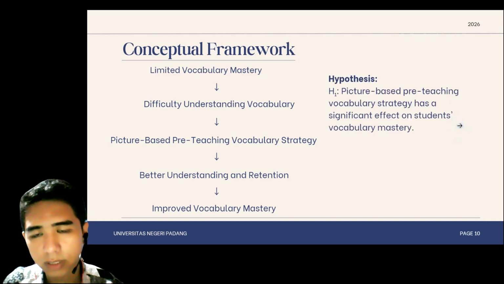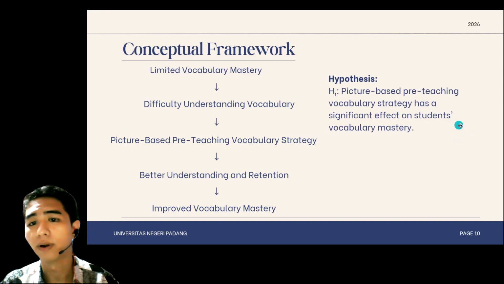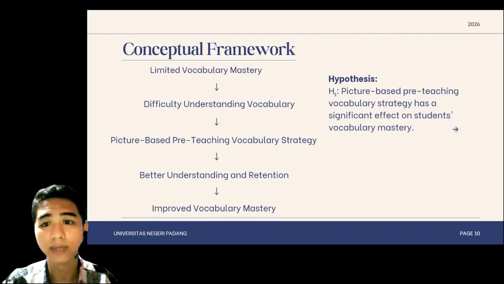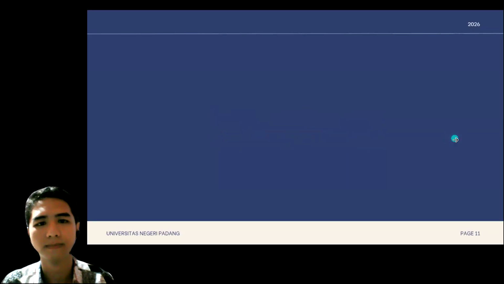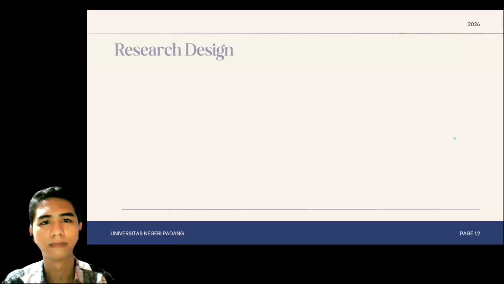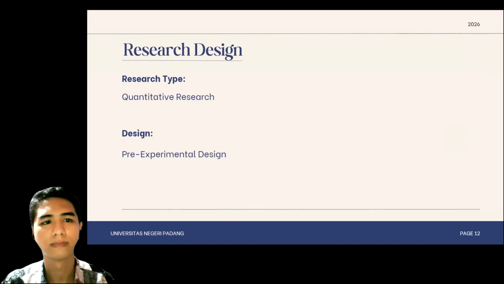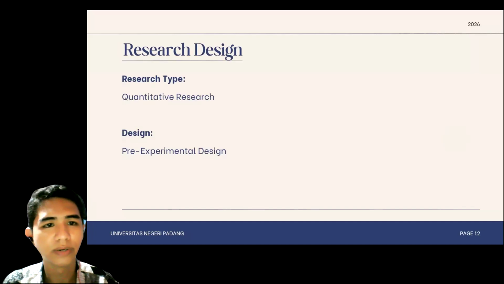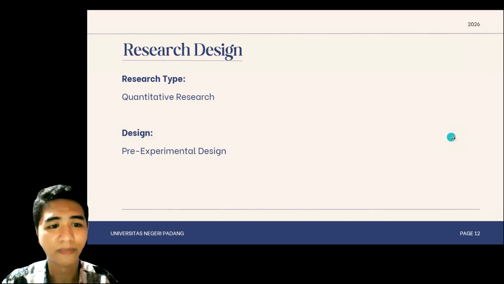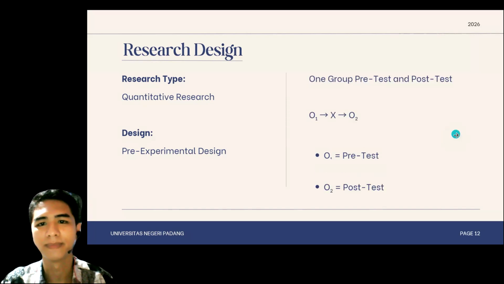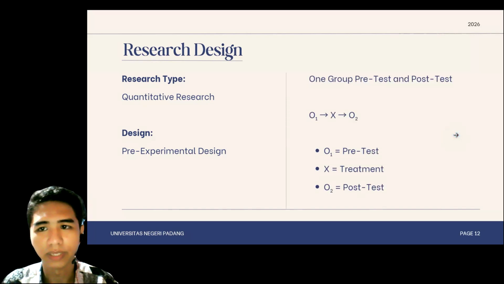The hypothesis: the picture-based pre-teaching vocabulary strategy has a significant effect on students' vocabulary mastery. I am using quantitative research, and the design is pre-experimental, with one group pre-test and post-test.